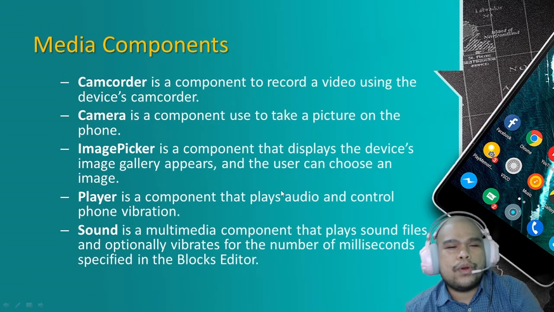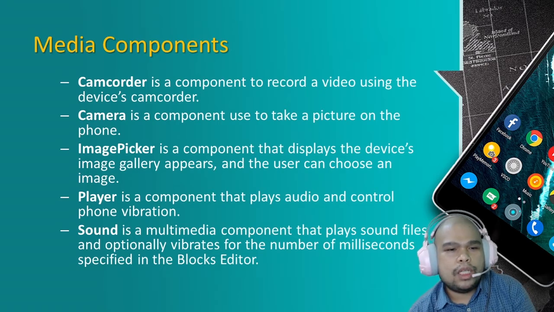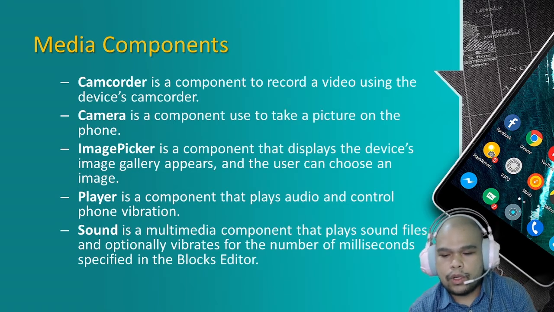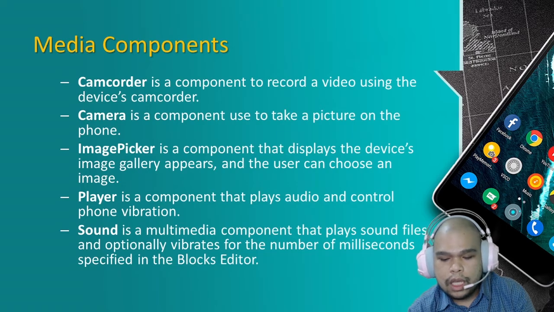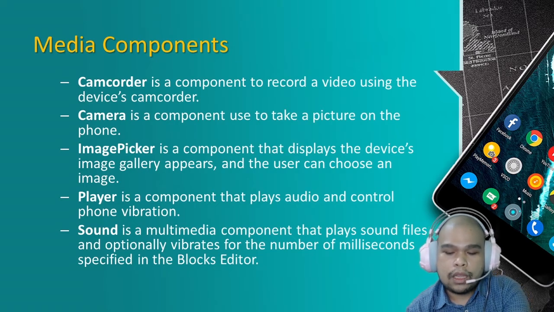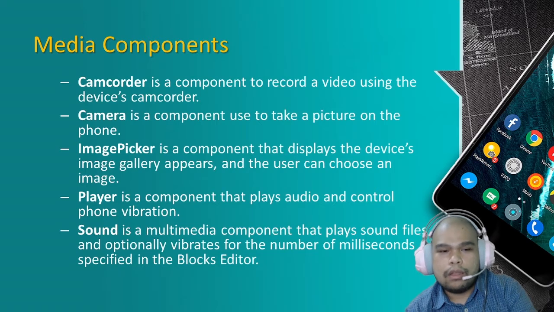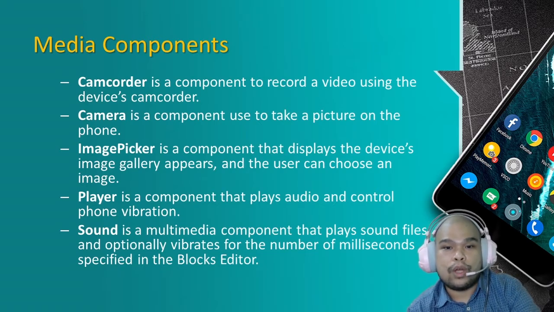Next, we have our media components. These are basically components we use for creating or displaying media in our mobile application. As you can see, we have the camcorder, which we use to call the camera for video recording.